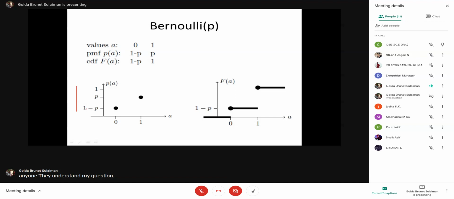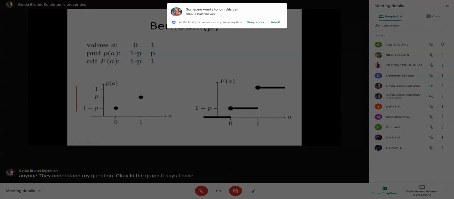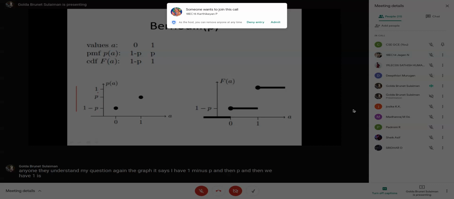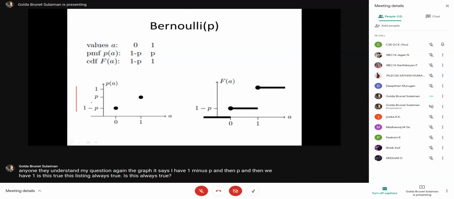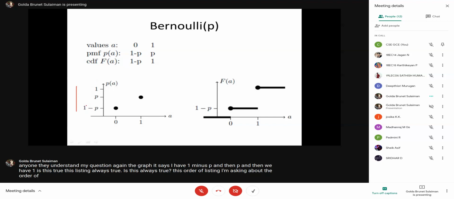In the graph it says I have 1 minus p and then p and then we have 1. Is this listing always true? I'm asking about the order of listing in the y-axis.